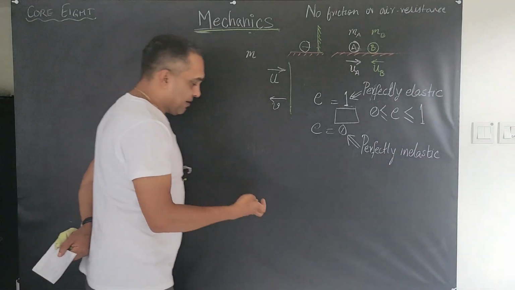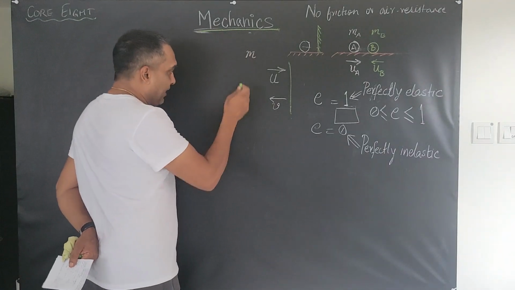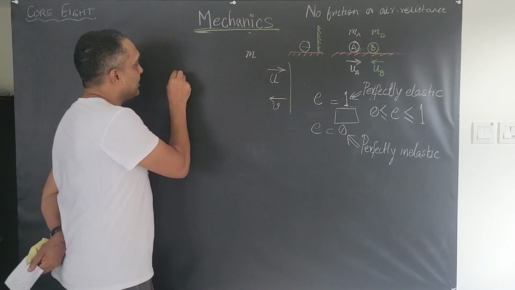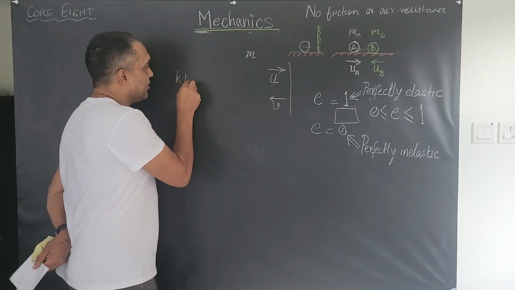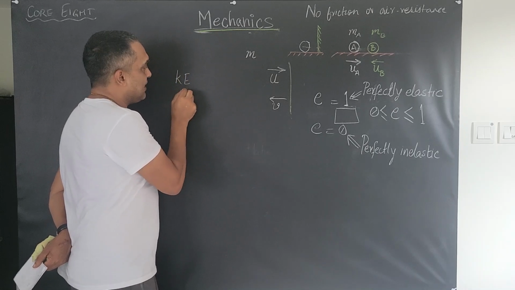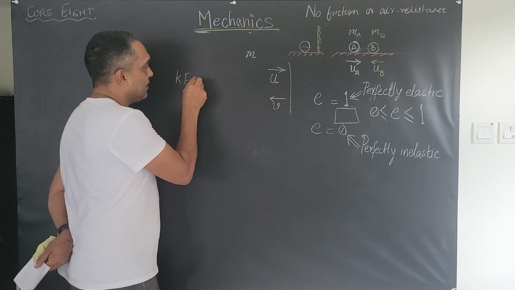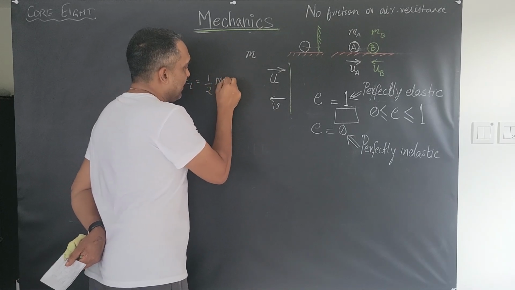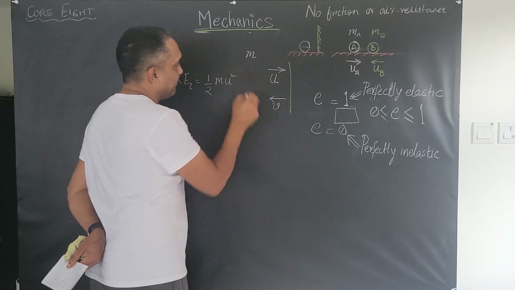So what happened here? Let's say I'm coming in, let's say initial kinetic energy. We're only talking kinetic energy. Okay, this is kinetic energy initial, KE i is equal to 1/2 m u squared.